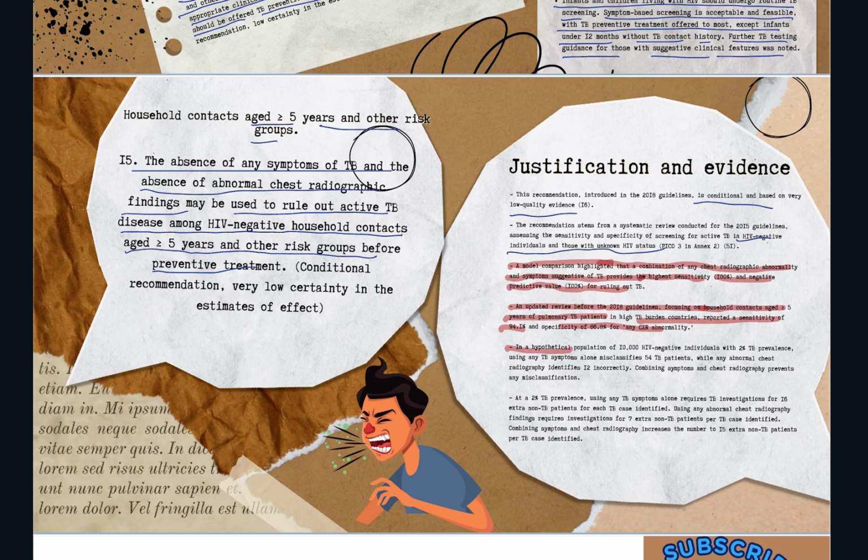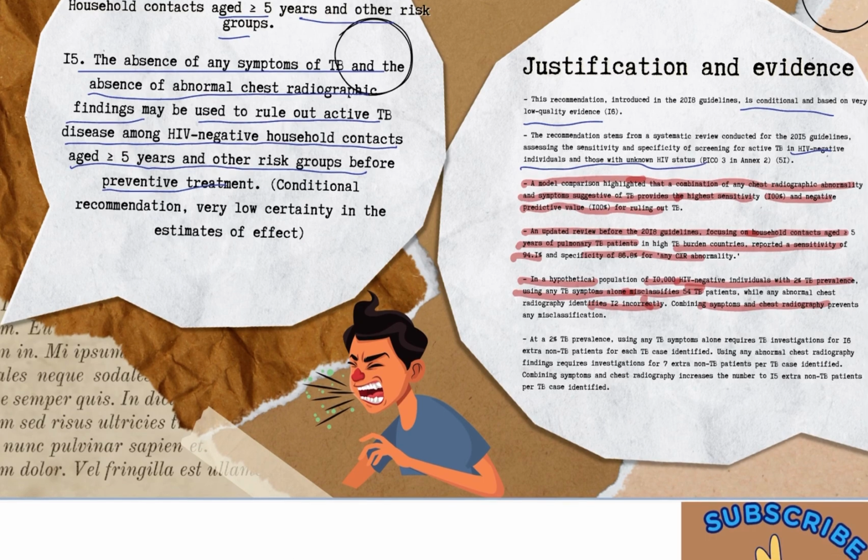In a hypothetical population of 10,000 HIV-negative individuals with a 2% TB prevalence, using any TB symptoms alone and any abnormal chest radiograph misclassify some people as TB patients, while combining symptoms and chest radiograph prevents this.